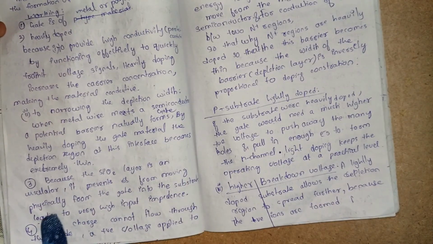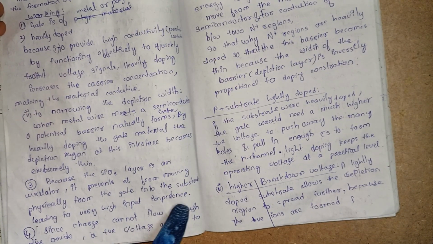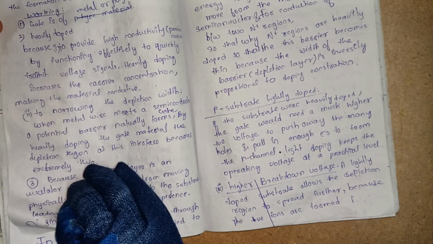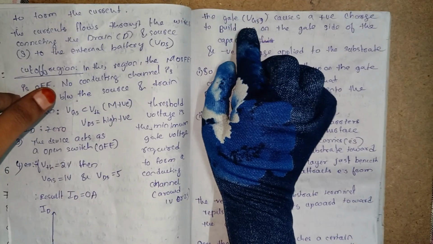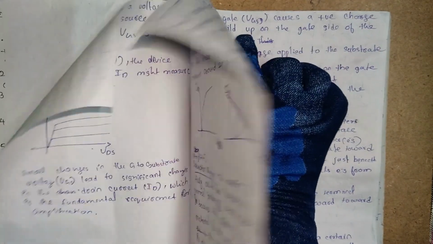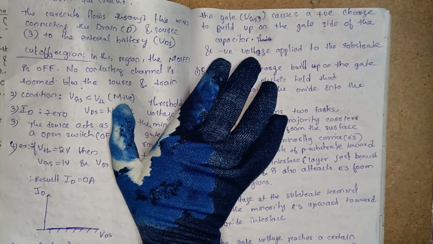Since charge cannot flow through the oxide, a positive voltage VGS applied to the gate causes a positive charge to build up on the gate side of the capacitor.